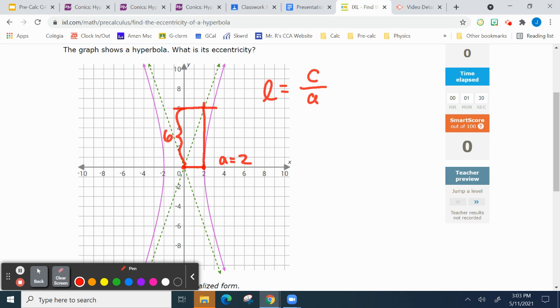So now we've got to find C, which is going to be that. A squared plus B squared equals C squared. A squared is 4, B squared is 36, so 40 equals C squared.